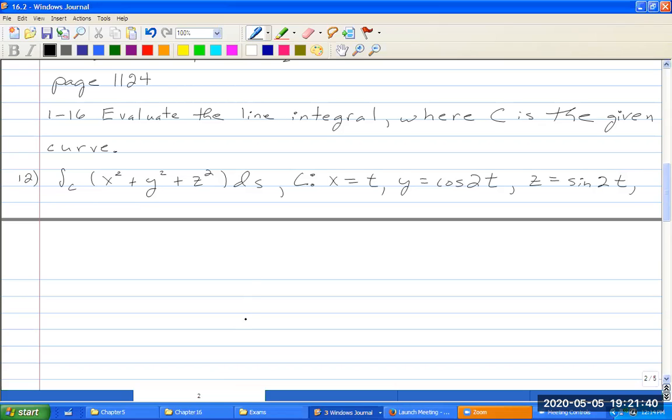So we're only integrating, well, x squared plus y squared plus z squared ds, where the curve C is parameterized as follows. x is equal to t, y is equal to cosine 2t, and z is equal to sine 2t.